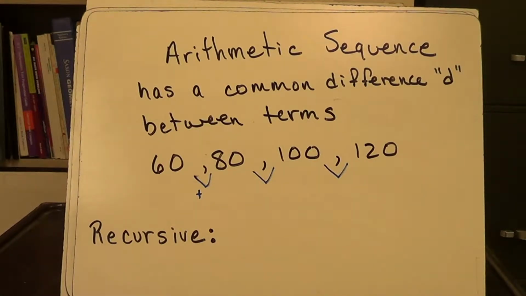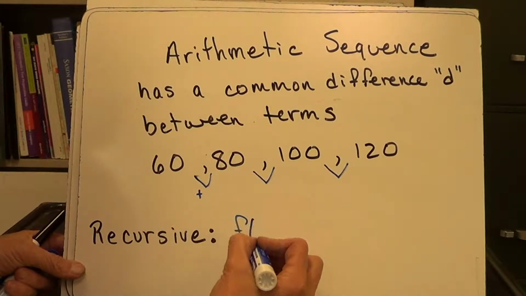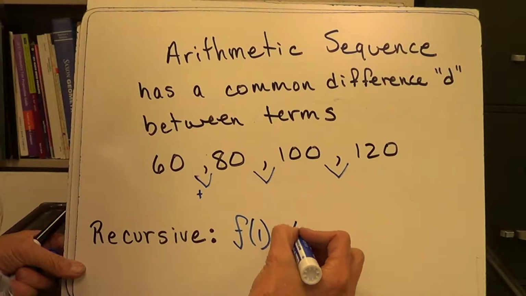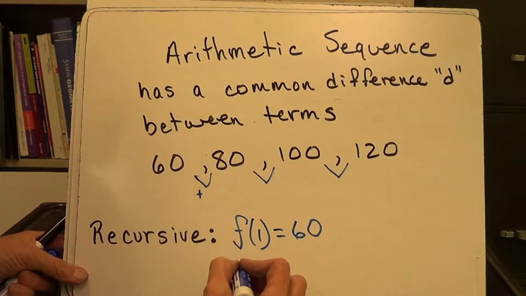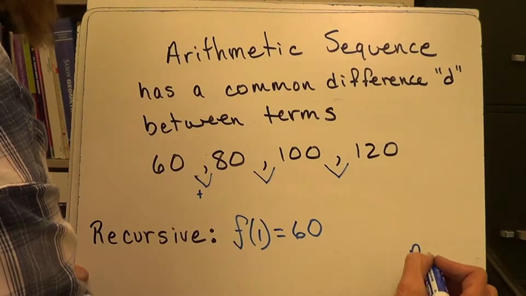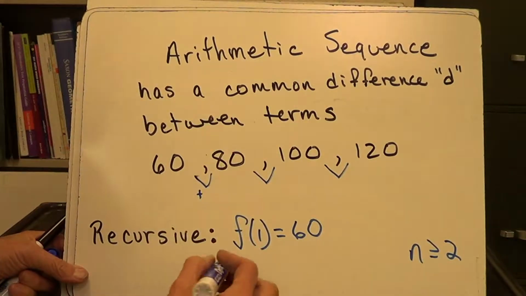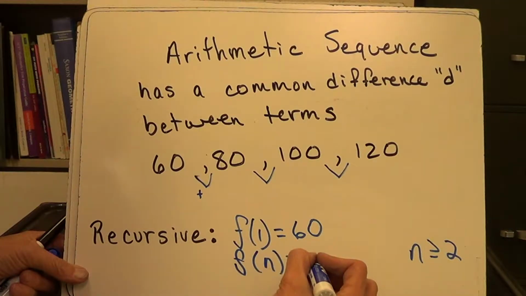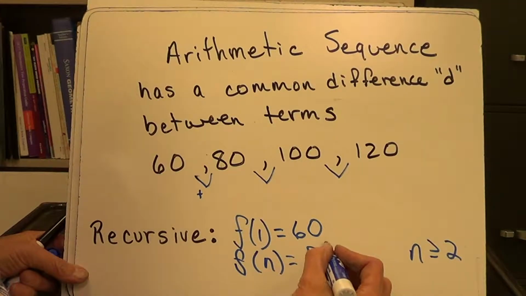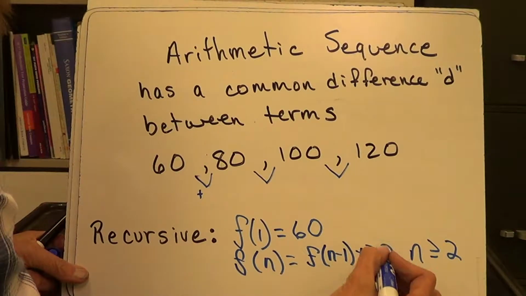So the recursive rule on this, as you saw last time we dealt with recursive rules, we would say our first term is 60. And then we would simply say for all terms n greater than or equal to 2, meaning once you get to here, it will be the previous term plus 20.